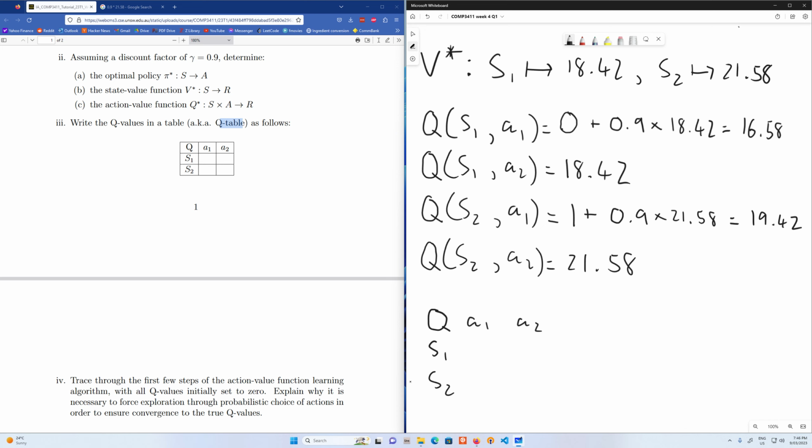So our Q value for the state 1 action 1 pair, 16.58. The Q value for the state 1 action 2 pair, 18.42. For S2A1 is 19.42. And finally for S2A2 is 21.58.